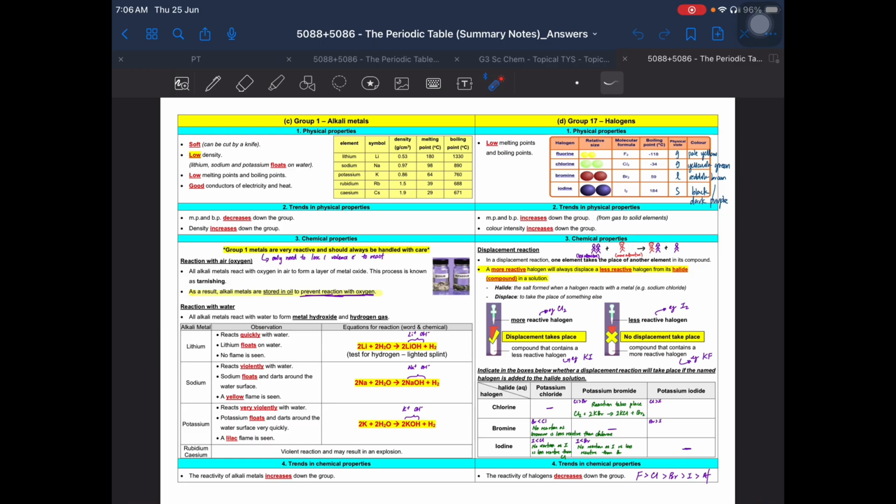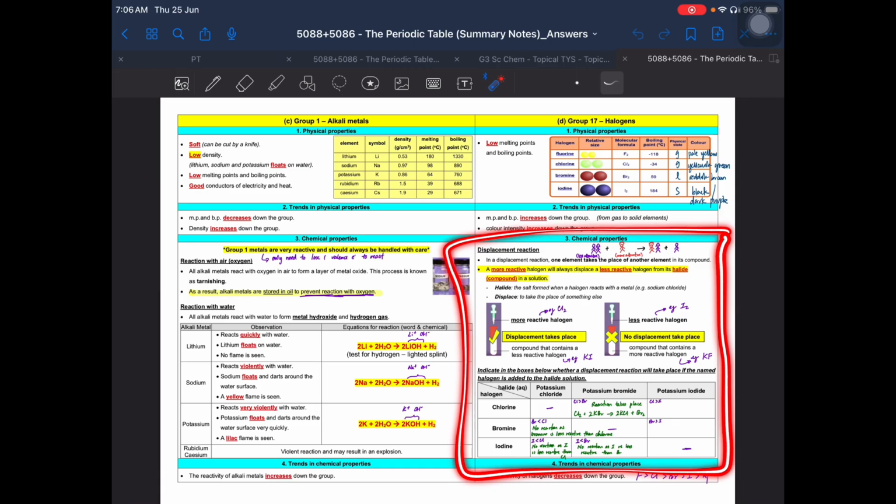What I mentioned, take that for group 1, they're all very reactive and reactivity increases on the group. And for group 17, they are also reactive, but reactivity decreases down the group. But what's interesting about group 17 is that there's this whole big concept about displacement that you do need to take note of, right? And displacement also features in the part on metals and reactivity series in the chapter.